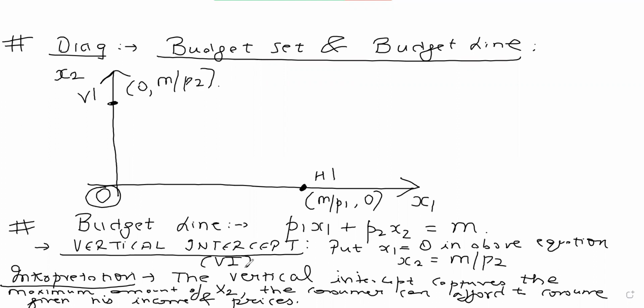I'm revising again. The horizontal intercept of the budget constraint gives us the maximum amount of good 1 the consumer can afford to consume given his or her income and prices. The vertical intercept gives us the maximum amount of good 2 the consumer can afford to consume given his or her income and prices.